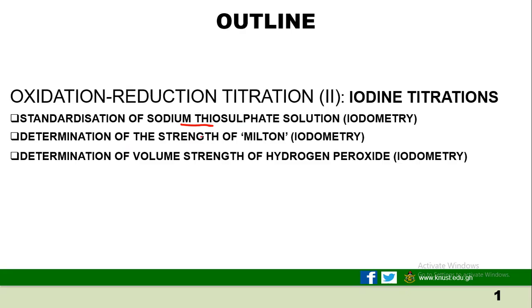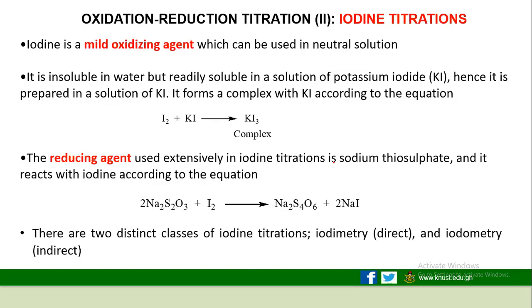Then after learning how to standardize, we use our secondary standard in determination of the strength of the solution, and then we also work the determination of volume strength of hydrogen peroxide, right? Good. So this is the second method to determine the volume strength of hydrogen peroxide. You can use the KMnO4 to do it, and then you can also use iodometry to do it. Very simple. Good. So oxidation reduction titration, iodine titrations.